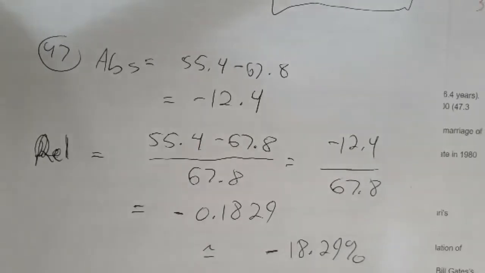It's got to be negative because it's going down. So this is telling me it decreased by 18.29%. So this one is 18.29% less than the other one. That's another way to say it, right? That was the vocabulary they would really like to use.